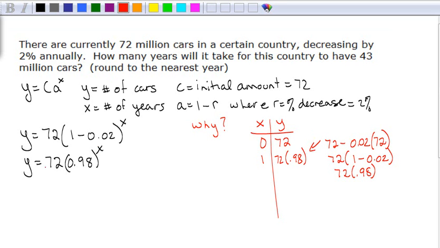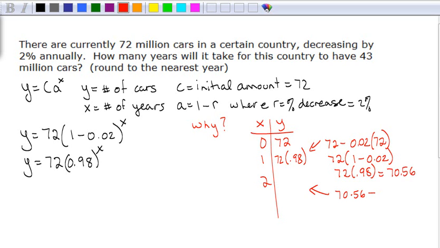And if you repeat this process, what happens the next year? Now this is more difficult. We don't start with 72. Now we start with 72 times 0.98. Well, let's figure out what that is. It's 70.56.